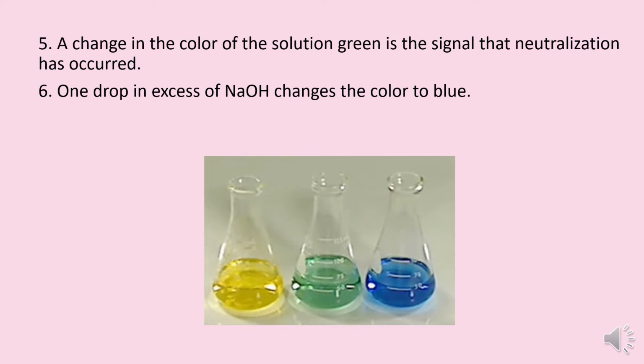So here at neutralization, the yellow color changes to green. 1 drop in excess of the base changes the color to blue. It means the bromothymol blue is giving a blue color.